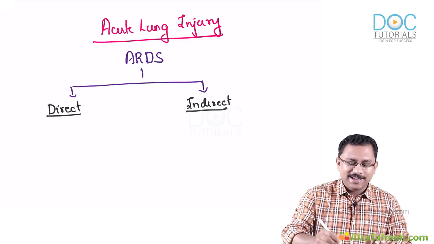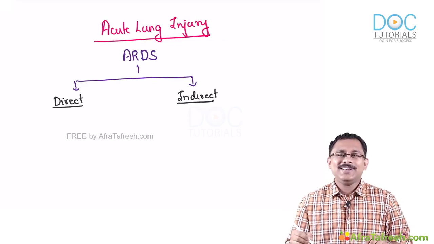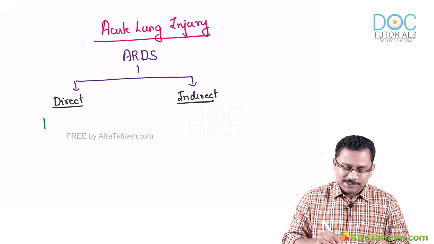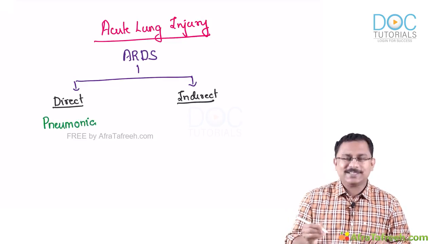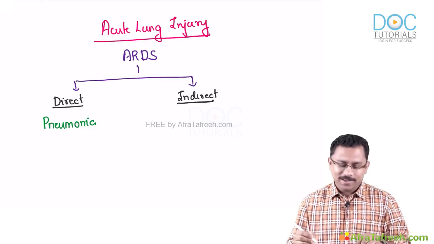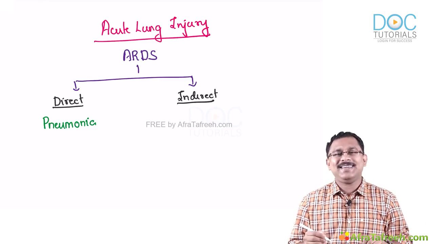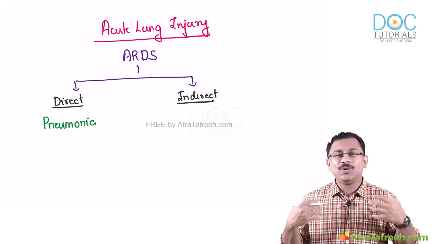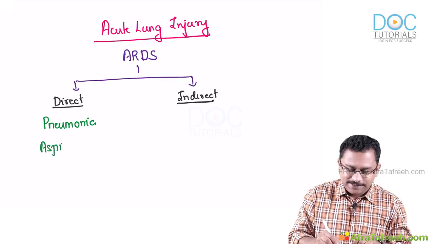So what are the ways in which your lungs can be directly involved? Maybe there is some infectious process like pneumonia. Or maybe he has aspirated gastric contents into his lungs.